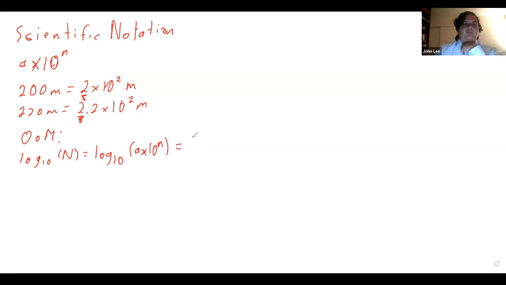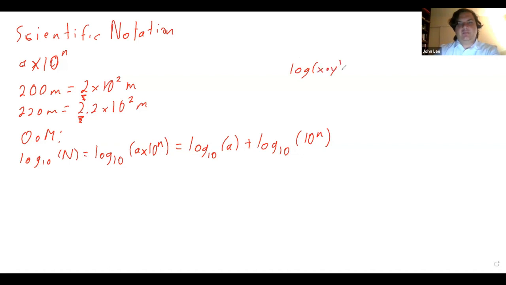Which is equal to log base 10 of a plus log base 10 of 10 to the little n, which is a property of logarithms. Log of x times y equals log of x plus log of y.